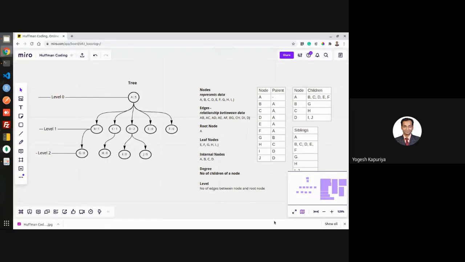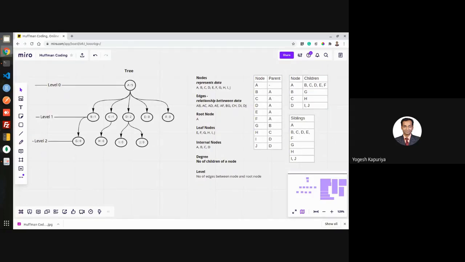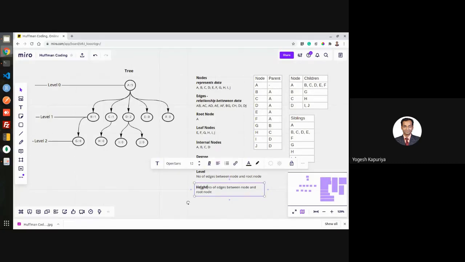The next, in the same line, is called the height. The only difference between level and height is that height represents, I should not say depth, because depth is another word, the total number of edges from a leaf node to a particular node in the longest path.